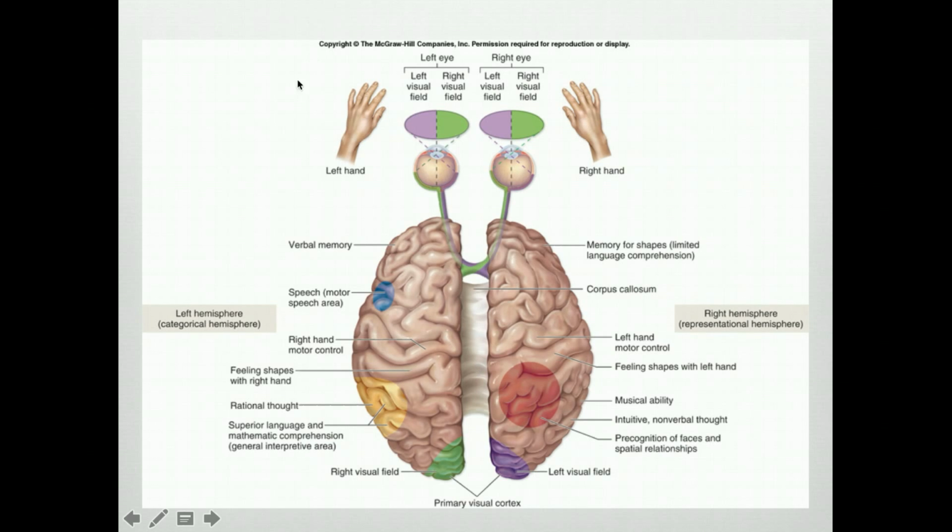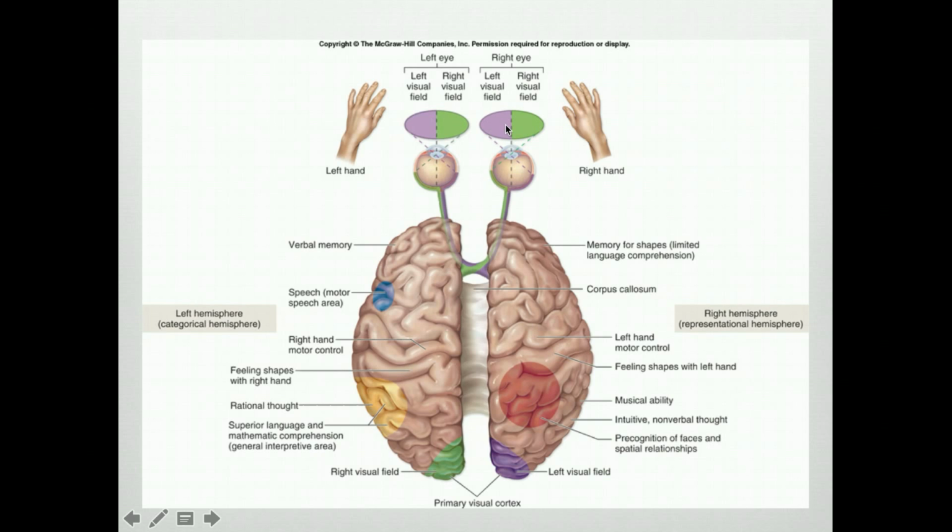The other aspect that I wanted to show you here is if you look at the purple shading versus the green shading, and you look at both eyes, you'll notice that each eye has both a green and a purple field. And these relate to pathways that decussate. So we're talking specifically about the pathways that pass from one side of the body to the opposite side of the brain.